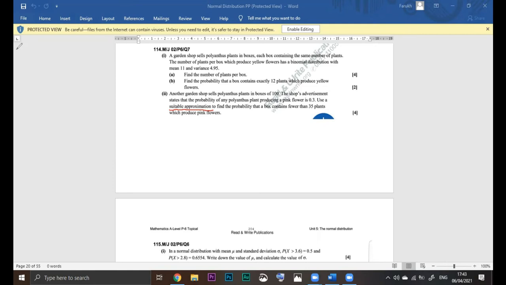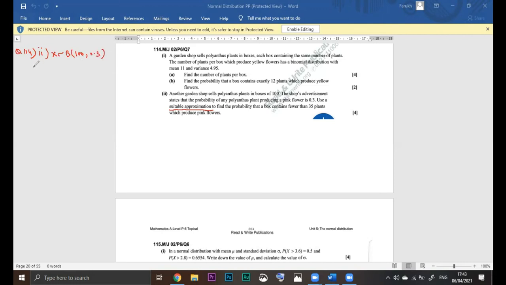Now, question number 114, part number 2. X is a binomial distribution with 100 comma the probability of success 0.3.